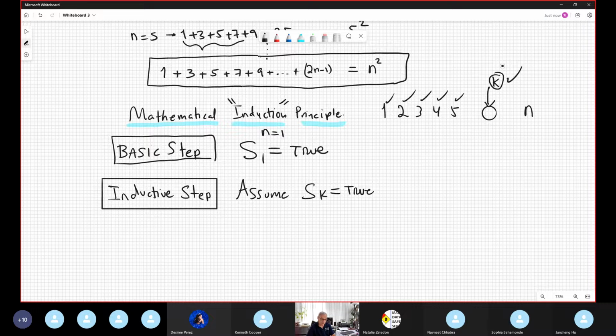So now, under this assumption, you can show that S sub k implies S sub k plus 1, the next guy here. K plus 1 means next. Suppose that it is 21, the next is 22. It's also true.